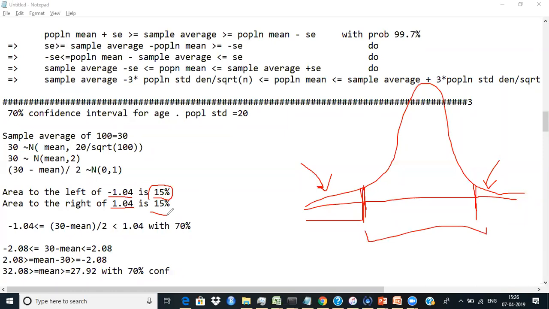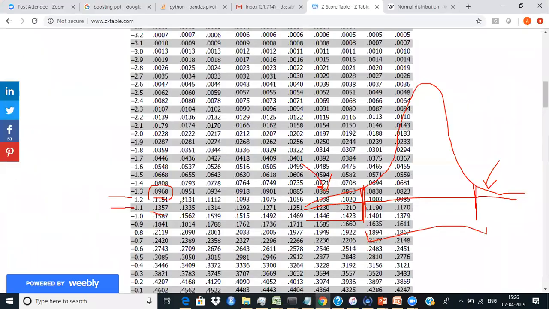Now I get to the expression from there. So you understood this part, right? 70% in between, so 15% here, 15% here. So now I'm looking in the Z table for a point which has 15% probability to the left.